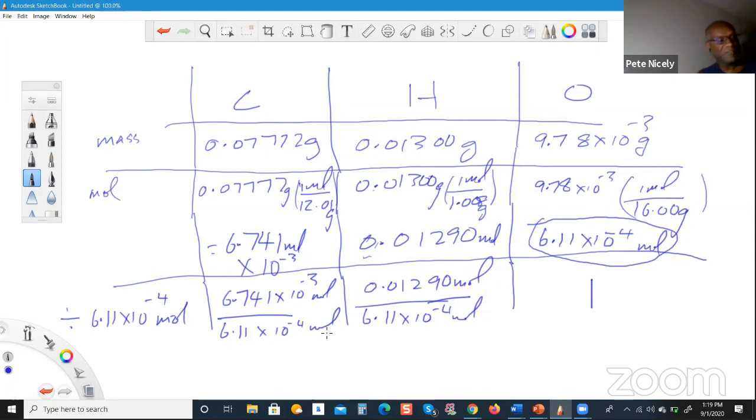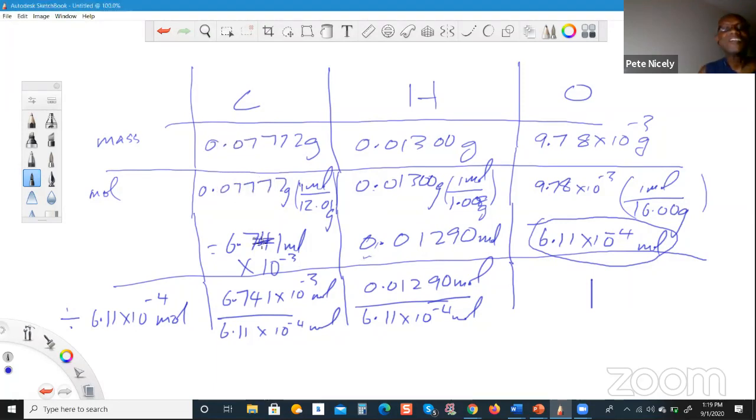So I'm going to divide now. Oh, shoot, I realized I made another mistake here. Hold on, let me check and make sure. 0.07772 divided by 12.01. Okay, I made another serious error.